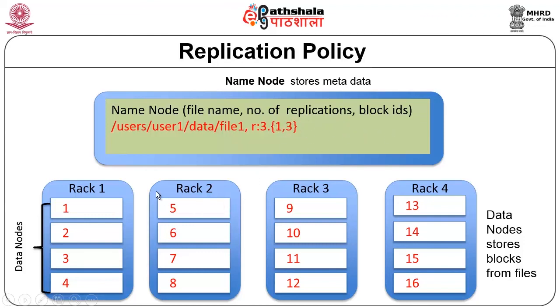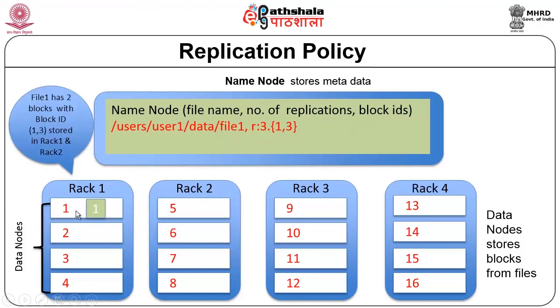If we assume that the local node is say 1, then block 1 will be put in node 1, and the other replications of block 1 will be away from this rack. So, they can be put in rack 2, node number 6, and rack 2, node number 7. Similarly, block 3 will perhaps be put in rack 2 in node number 5, and the other 2 replicas in another rack.